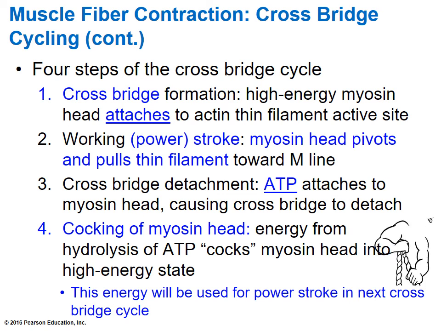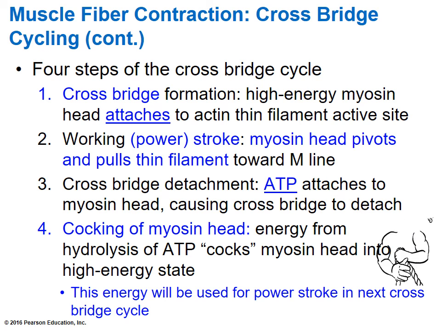On your slide right here, it says that we have 4 steps involved. We have the formation of our physical connection, our cross bridge, in which the myosin head attaches to the actin thin filament. We will then see our power stroke, in which the myosin head pivots and binds to a secondary active site, allowing the thin filament to be pulled.